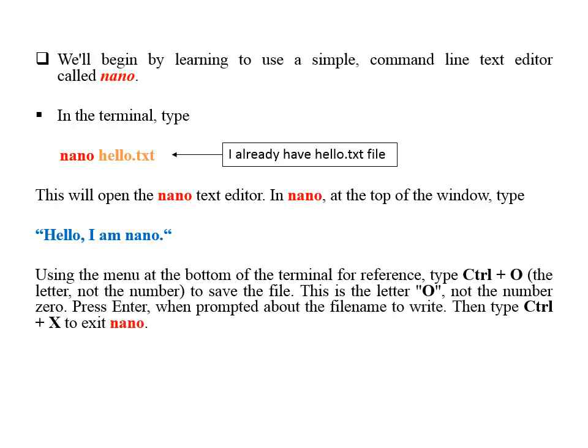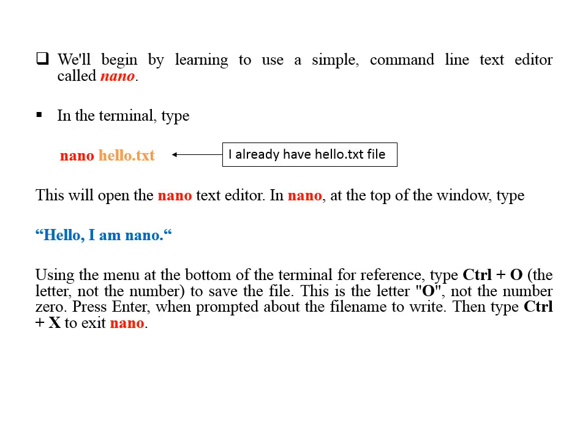Using the menu at the bottom of the terminal for reference, type Ctrl+O, the letter, not the number, to save the file. This is the letter O, not the number 0. Press Enter when prompted about the file name to write.